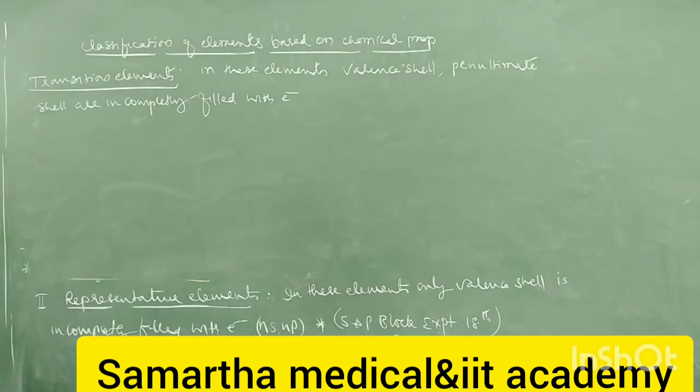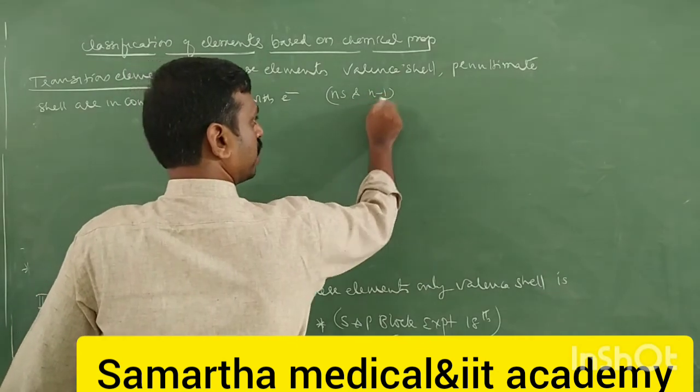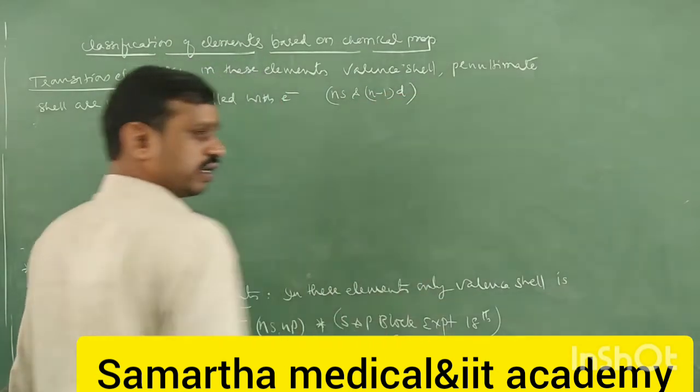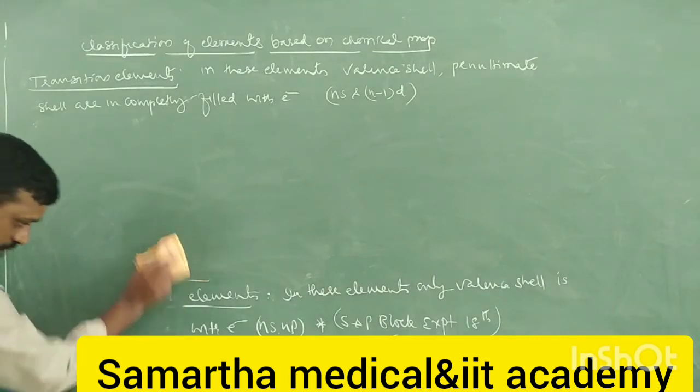That means ns and (n minus 1)d. So these two subshells are incompletely filled with electrons.